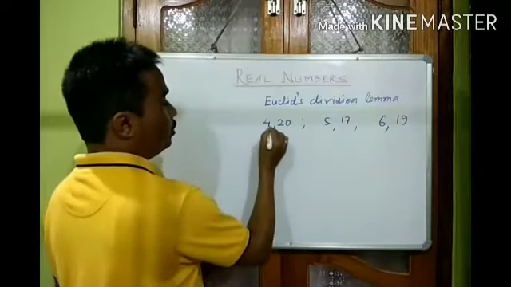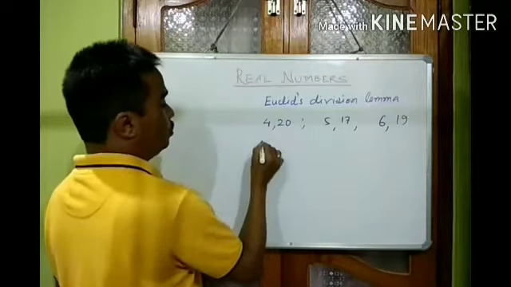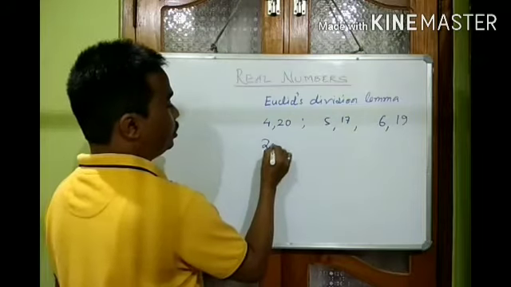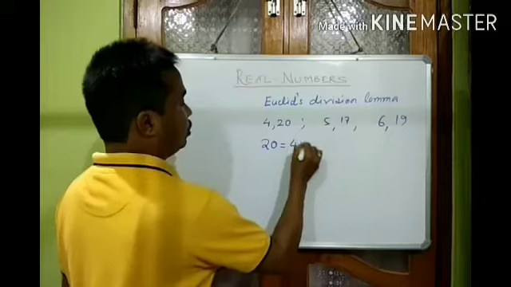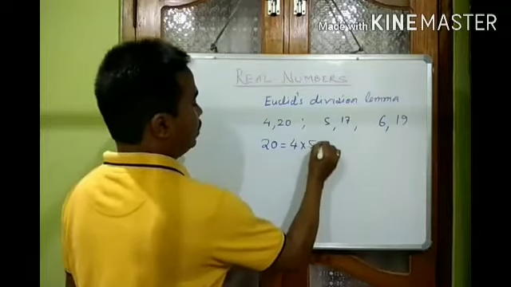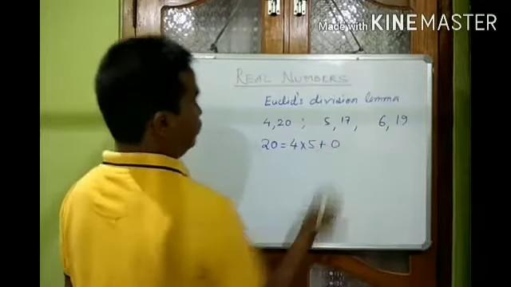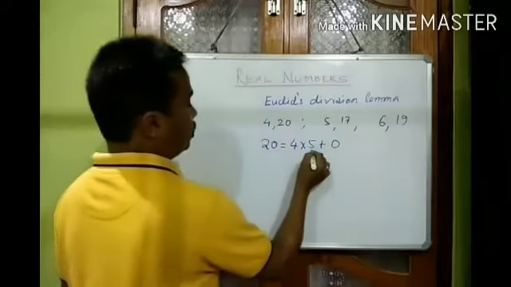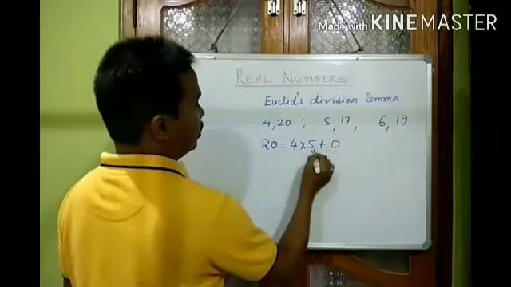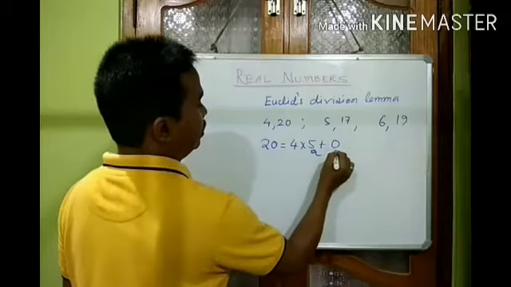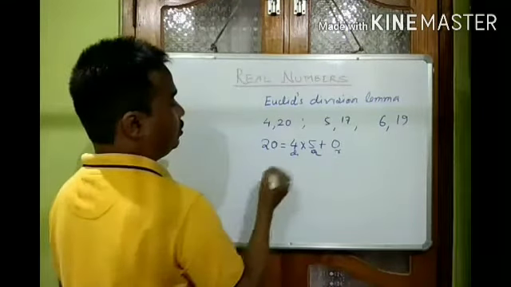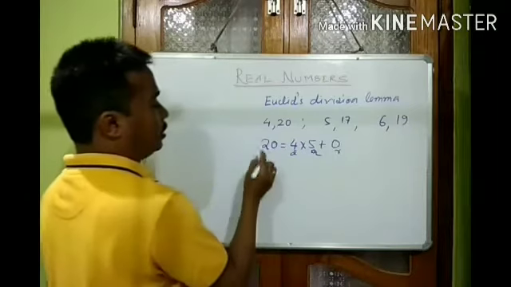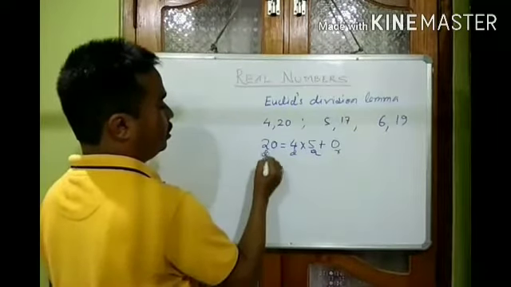If we divide 20 by 4, then quotient is 5. So it can be written as 20 = 4 into 5 plus remainder 0. This is our quotient, this is our remainder, this is our divisor, and this is our dividend.